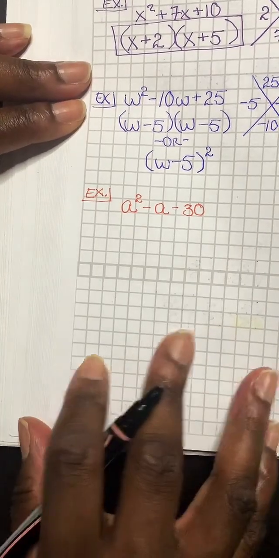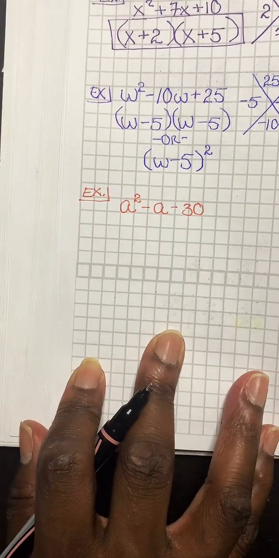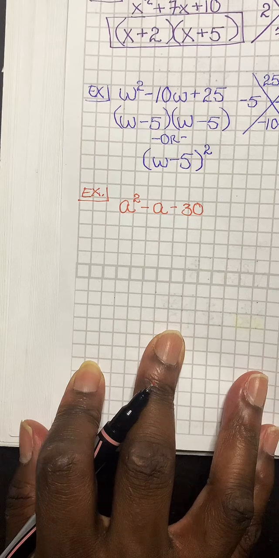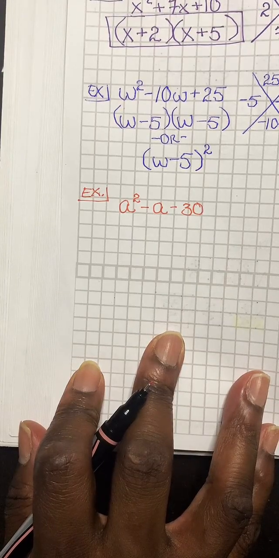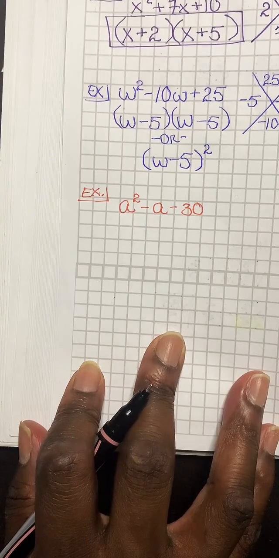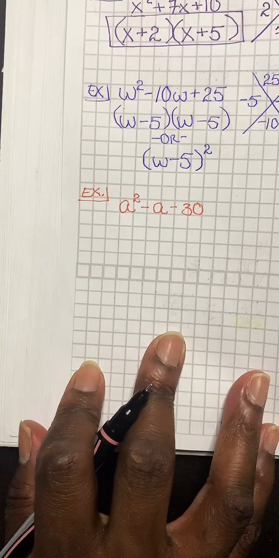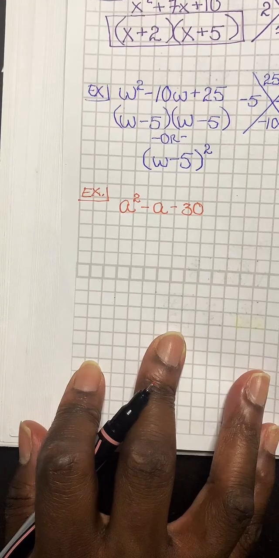Okay, a squared minus a minus 30. Tell me what my factors are. Put them inside parentheses.